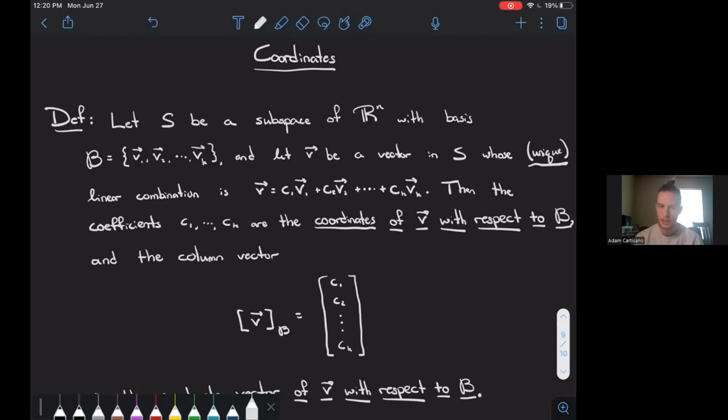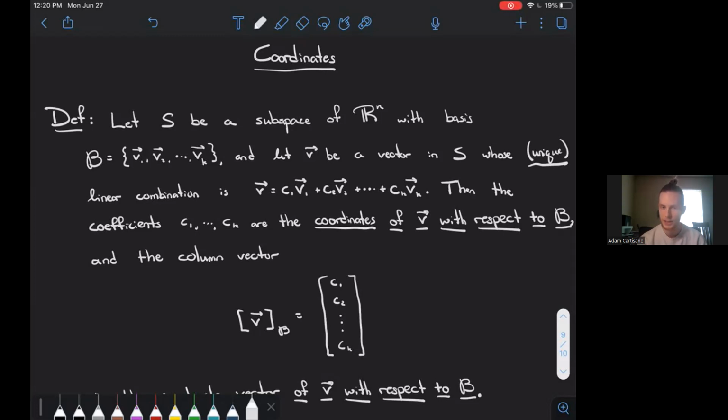A theorem says that if you have a basis for a subspace and a vector inside that subspace, then there's only one way to write that vector as a linear combination of your basis vectors. That proof involves the fundamental theorem of invertible matrices, but it's also not worth diving into for right now. Instead, I want to focus more on this definition.